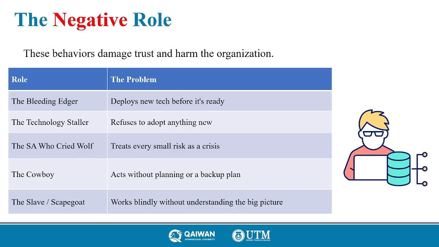However, you should study the problem beforehand to make sure that these problems will not happen, and if they do, how to handle them. The cowboy would be the person who acts without planning or a backup plan. Sometimes you would implement a new technology, however, it will not go as planned. Now, you should have your backup plan.